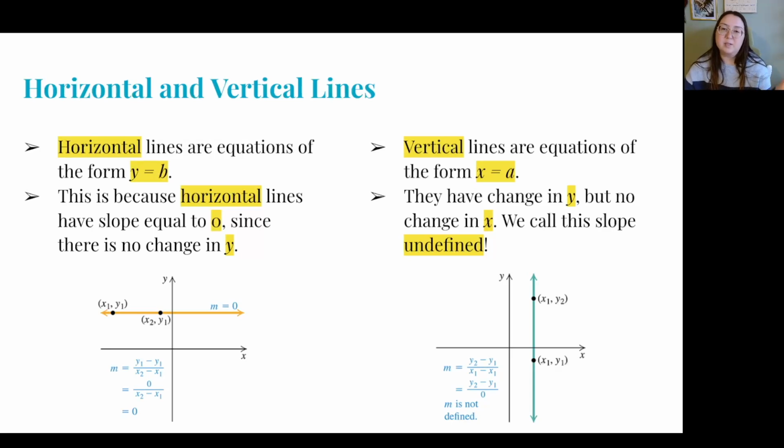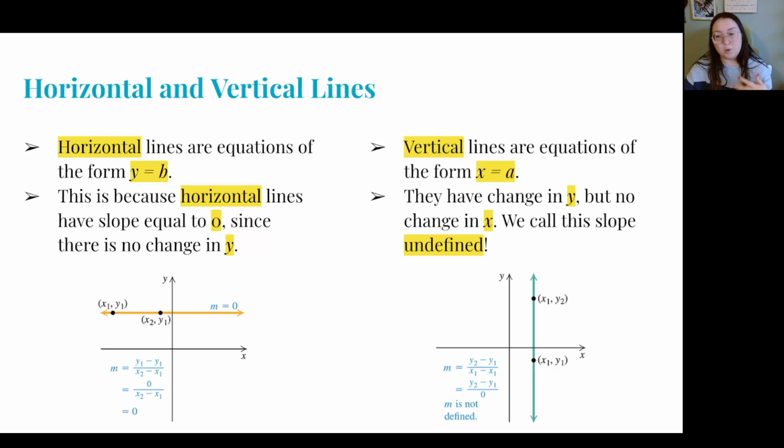While the slope of a horizontal line, y equals b, is 0, because your change in y was 0, so your formula would be 0 divided by a number. Since there's no change in x, when we have our formula for y sub 2 minus y sub 1 over x sub 2 minus x sub 1, since they're the same x value, they're both what we can call x sub 1.